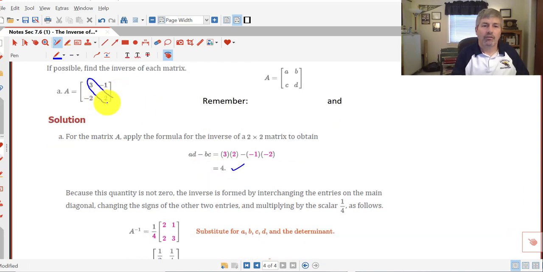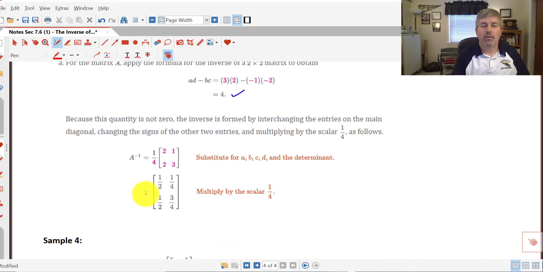Now, all we have to do is flip the 3 and 2 and then take the opposite of those and multiply by the scalar. Because our quantity is not 0, we've got an inverse, so here is our determinant, is our scalar. We're going to multiply by 1 over 4. The 4 here goes there. We flipped our A and D, we took the opposite, and then we scaled it, and we get our solution.